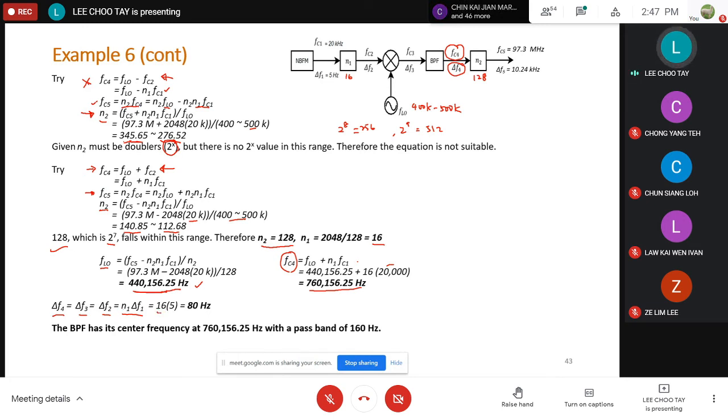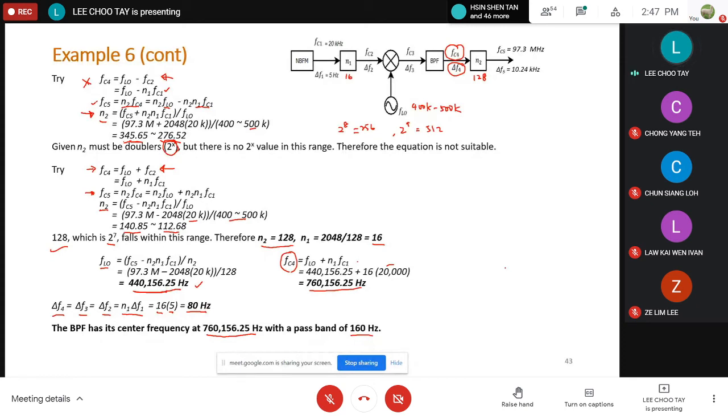N1 is 16, delta F1 is 5, so that gives us the delta F4 of 80 Hertz. Therefore, your bandpass filter needs to have its center frequency at FC4, with a pass band of 2 times your delta F4, which is 160 Hertz.